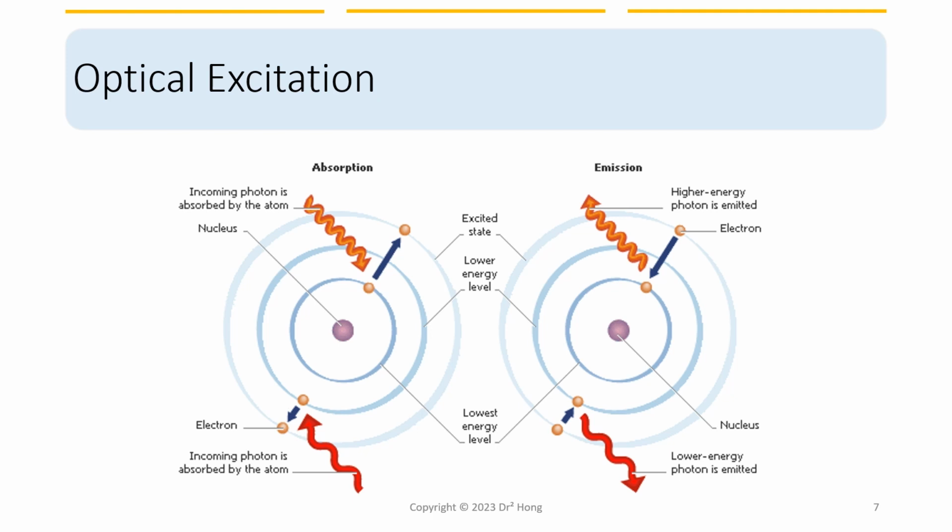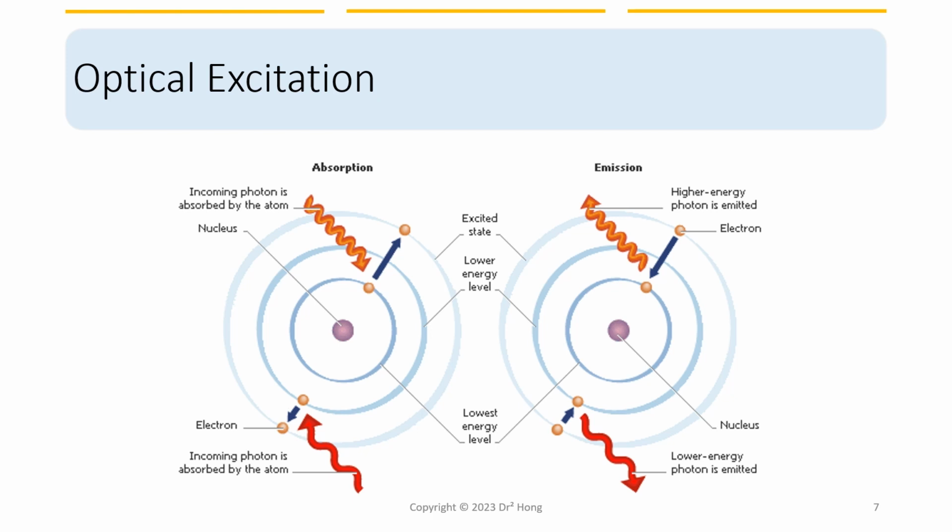As the excited electrons relax back to their original energy state, they release energy in the form of light. This process is called emission. And the emitted light has a longer wavelength than the absorbed light. The difference in wavelength between the absorbed and the emitted light is called the Stokes shift, and it is a unique characteristic of each fluorescent molecule.